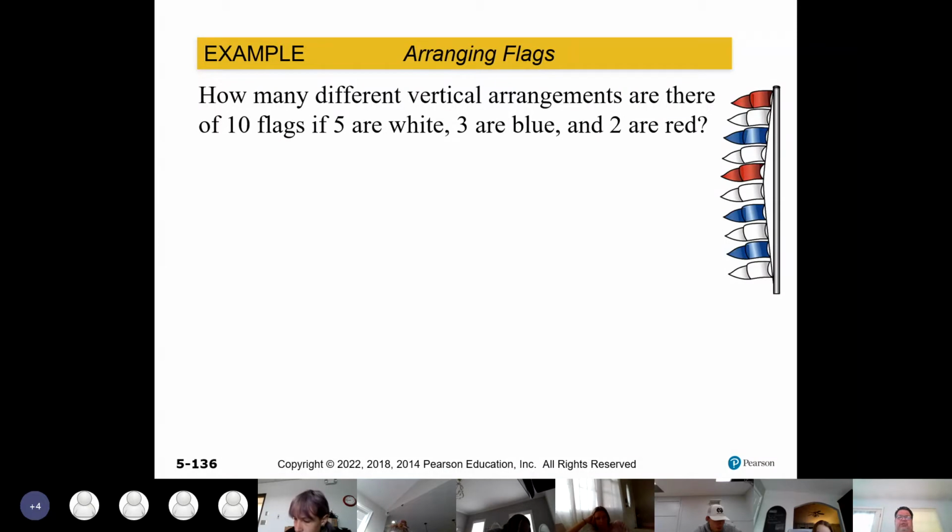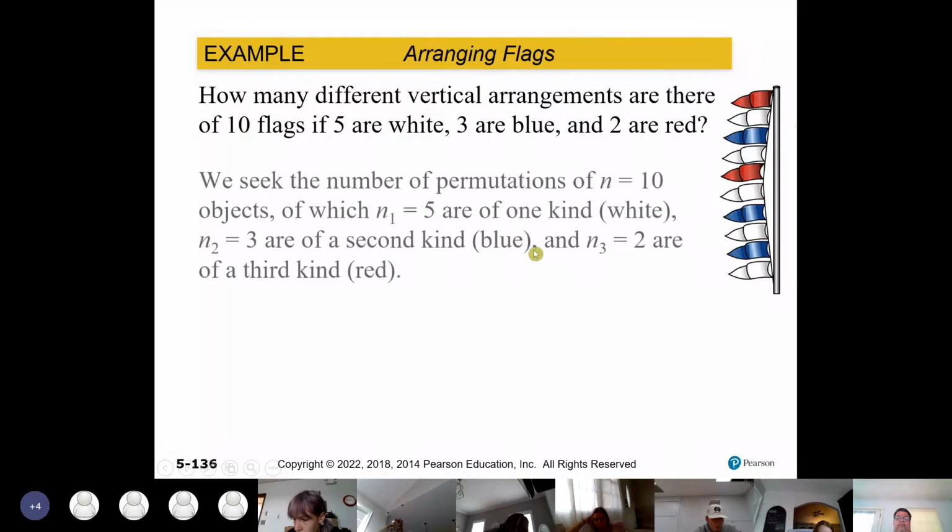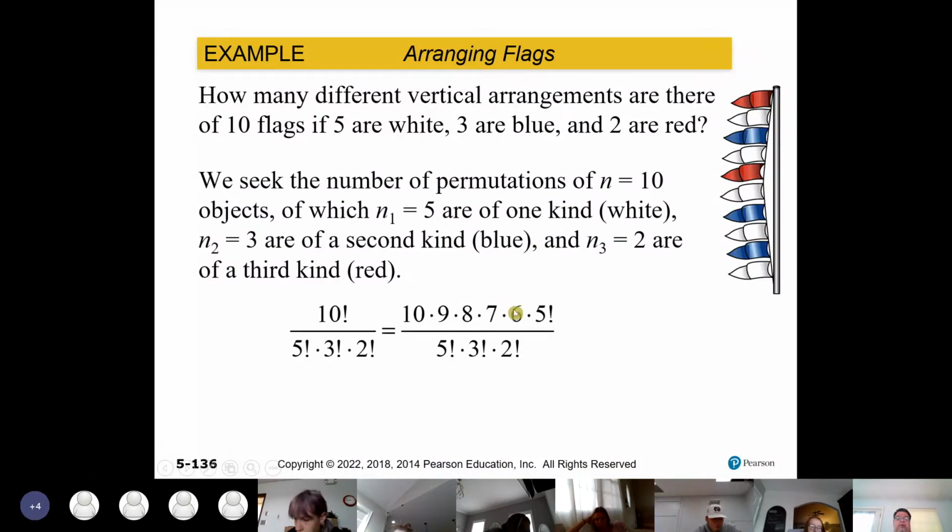That's the trees or flags. And you're going to use this formula. Let me just get it for you. There it is. Okay? You've got 10 flags, so you're going to start with 10 factorial. Well, what happened to the rest of the factorials? Well, they cancel.